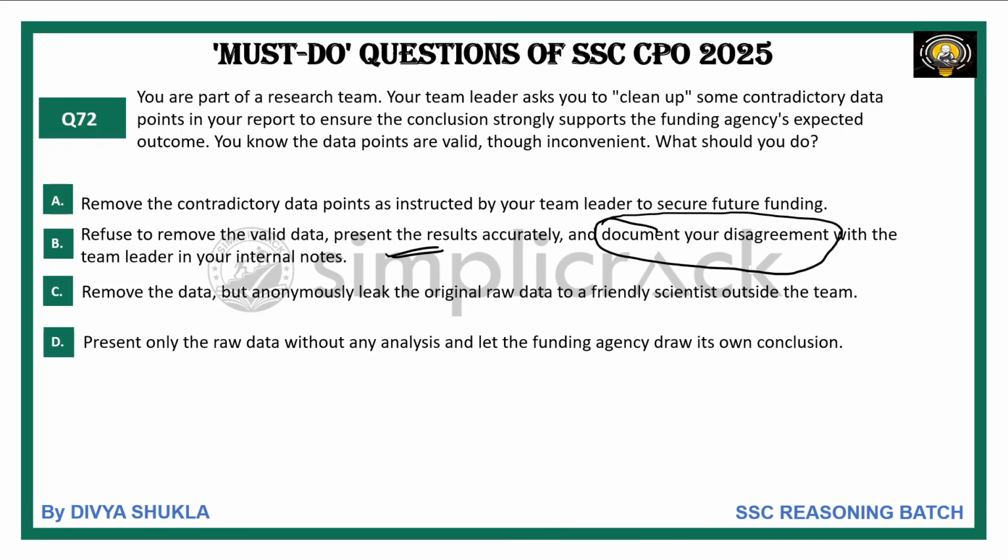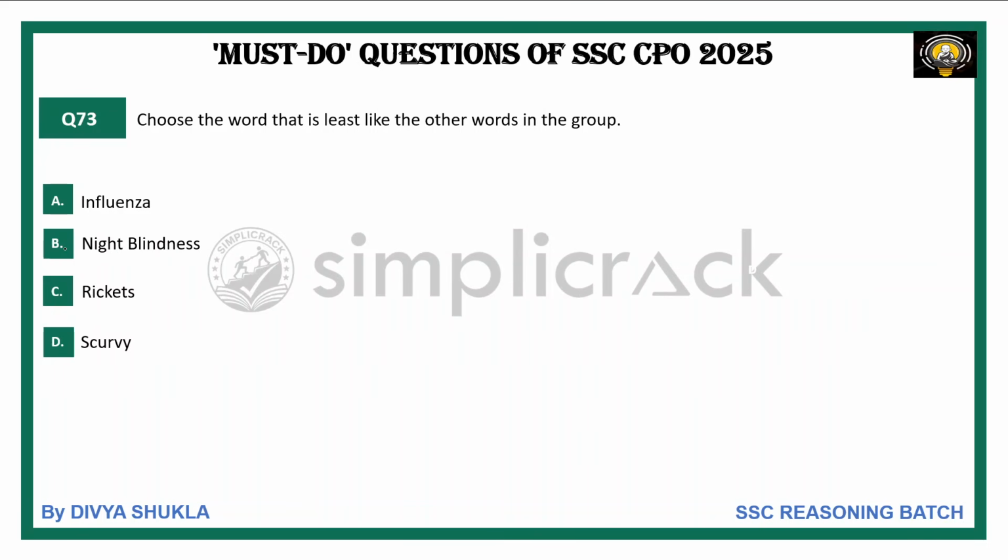People will ask you questions. Then you can show that this is my proof, that I already told him this thing. I already documented each and everything. I already documented my disagreement, but then also he proceeded with that point. Always remember, documentation is one of the most important things. That is why option B is the correct answer for this question.